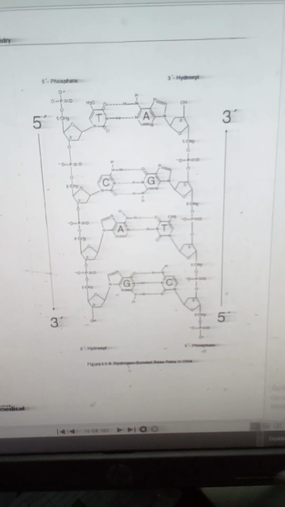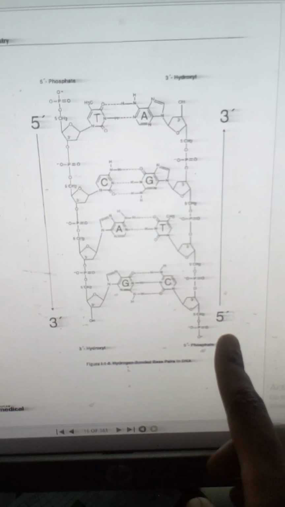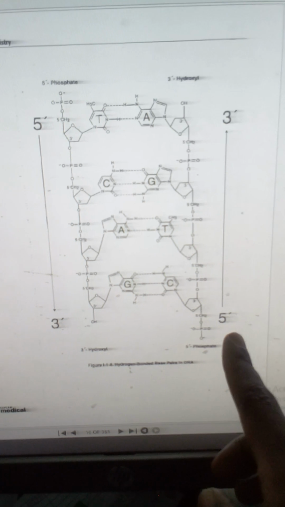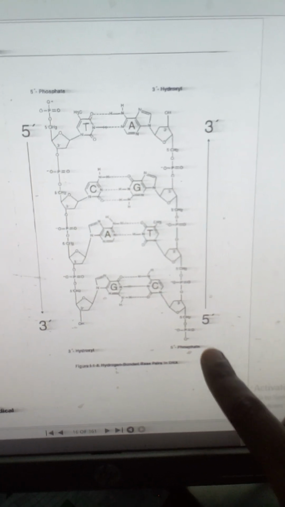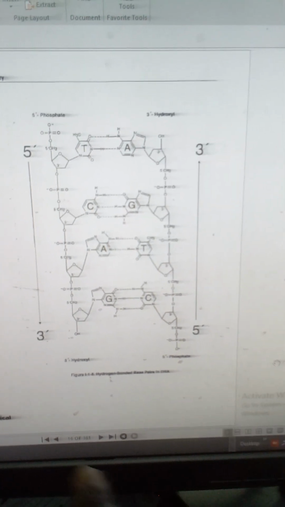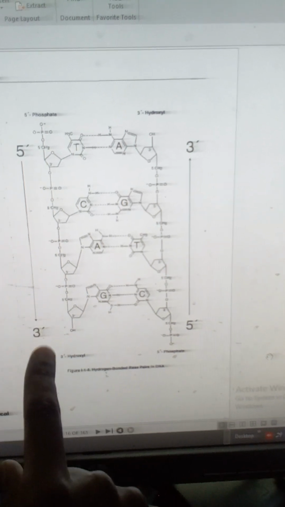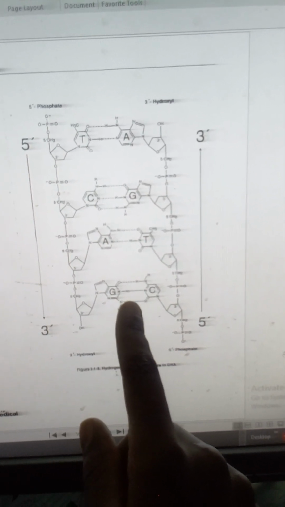As you can see, in this case, the 5' end is on this side and the 3' end is on the other side. This strand is running from this direction to this direction. The other one is running from this direction to this direction, but they are held together by hydrogen bonds.